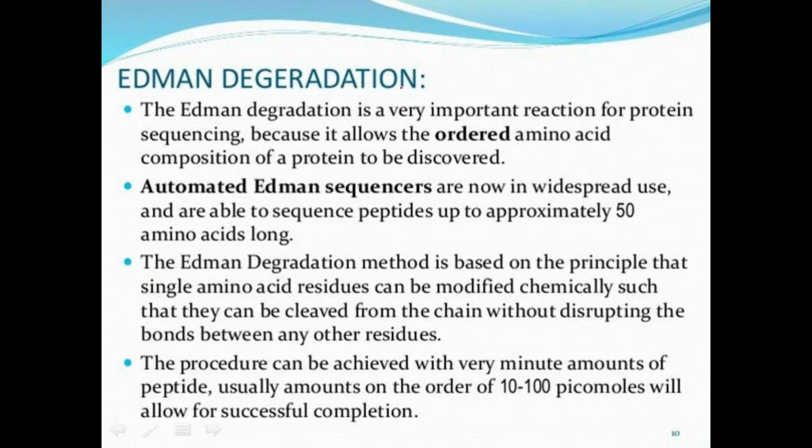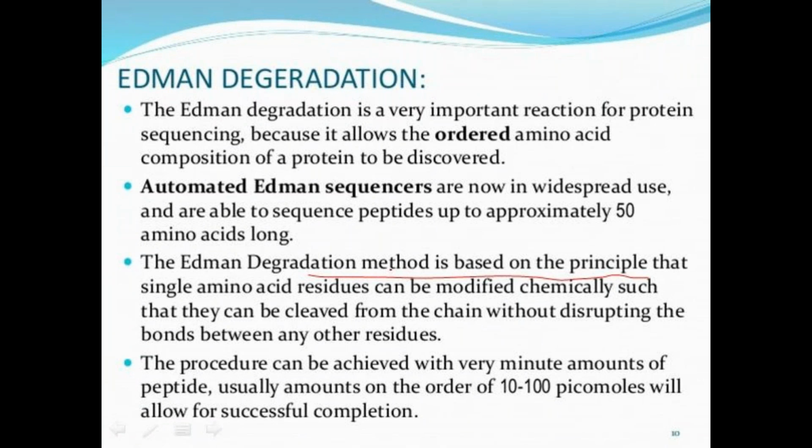By using this, several sequencers came. Automated Edman sequencers are now available for the determination of sequences up to 50 amino acids or longer. It is mainly based on this Edman degradation method, on the principle that single amino acids can be modified chemically.